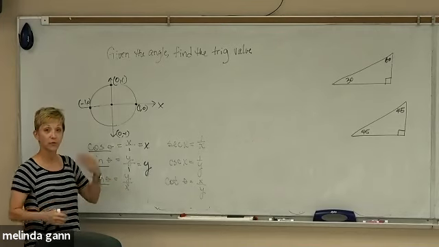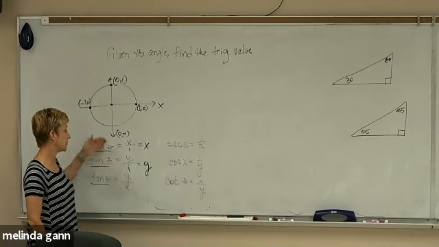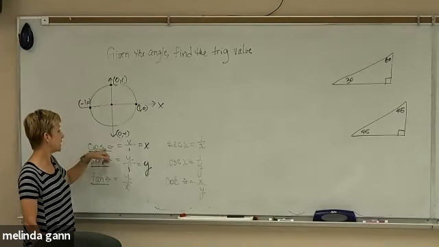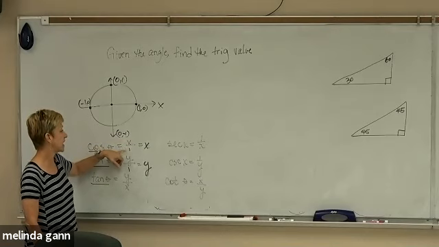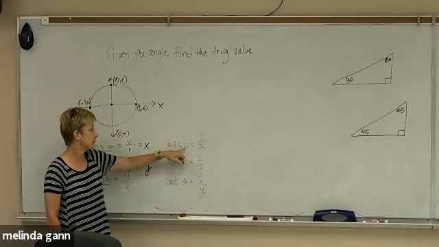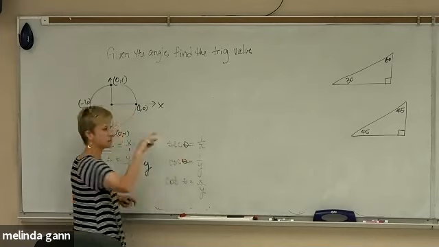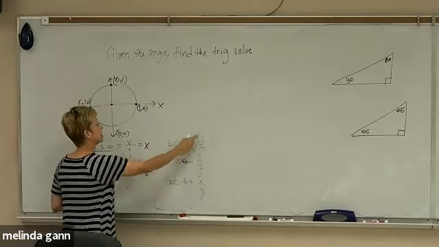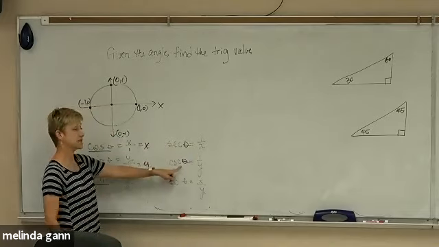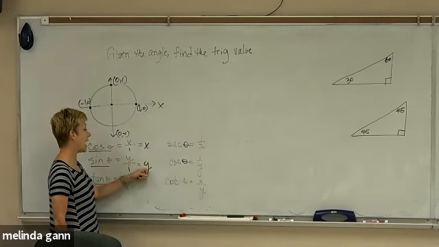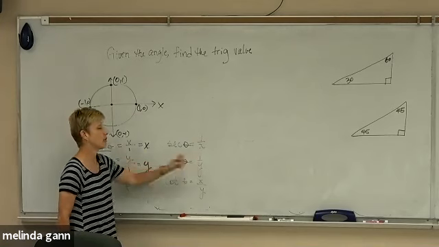Now remember, there are 3 other trig functions that are the reciprocals, or the flips, of these. Since cosine of theta is x over 1, secant of theta is going to be the reciprocal of that, so it's going to be 1 over x. Similarly, since cosecant is the reciprocal of sine, and sine is y, cosecant is going to be 1 over y.